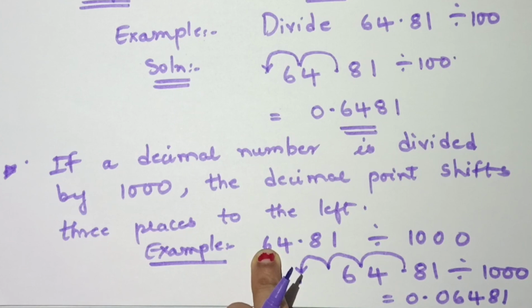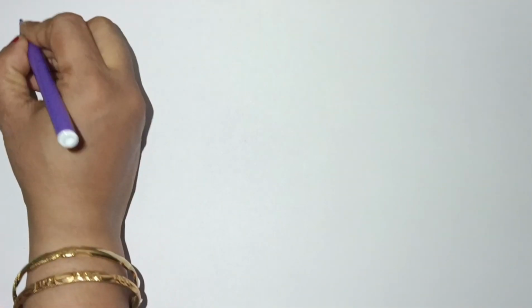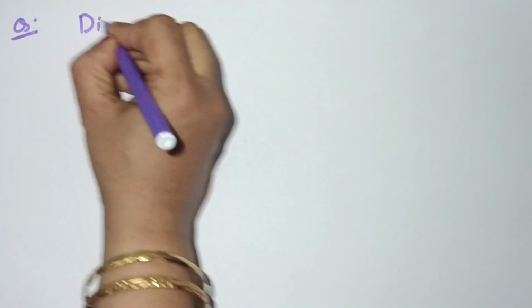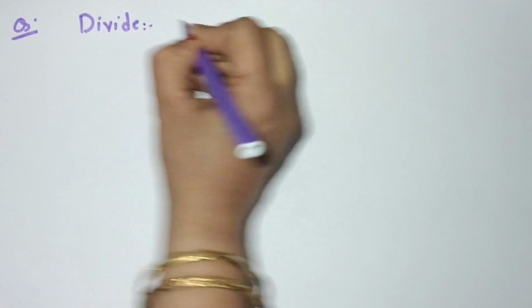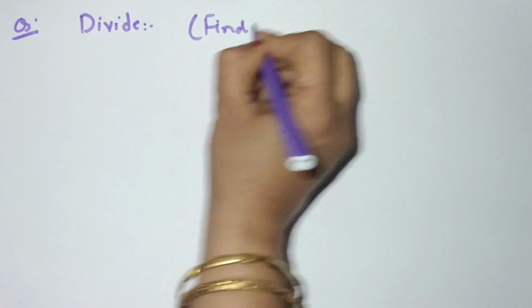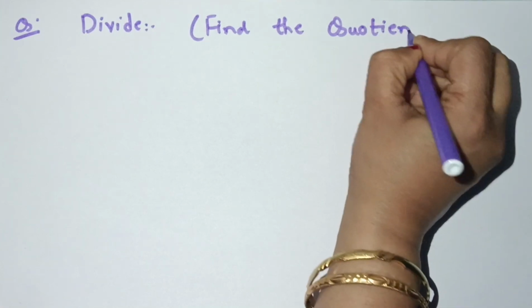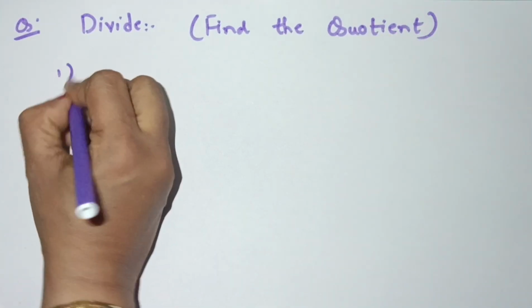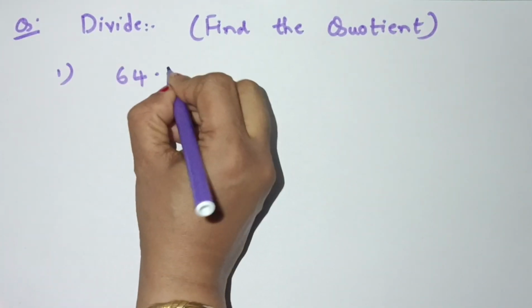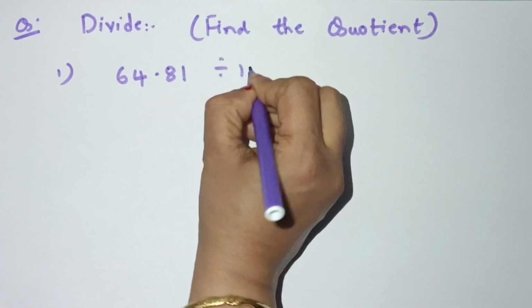Now let's switch to the next page. The question says divide, or they can also give it as find the quotient. Now see the first question. 64.81 divided by 10.